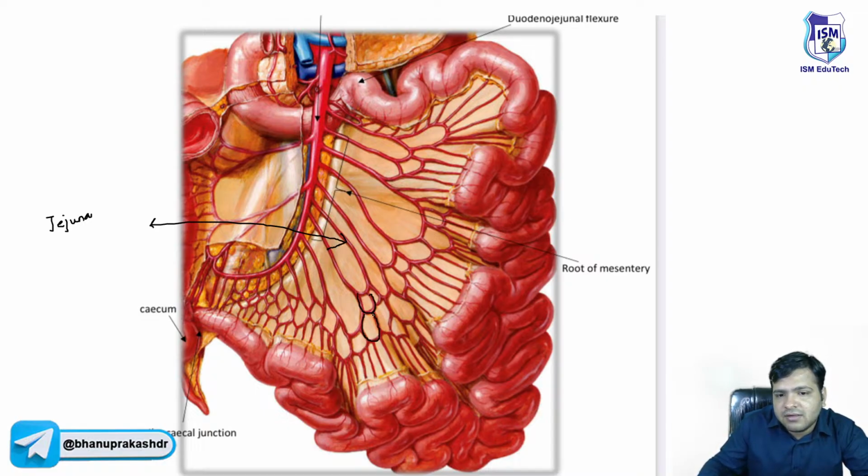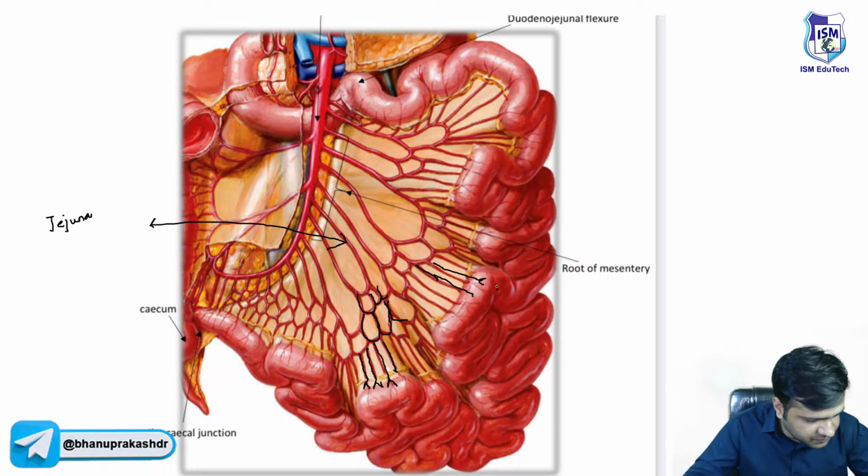These are called arterial arcades. And see, these arterial arcades are giving off straight branches, which are supplying the jejunum and the ileum.